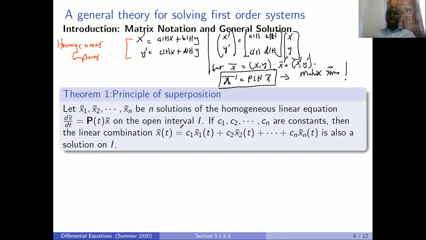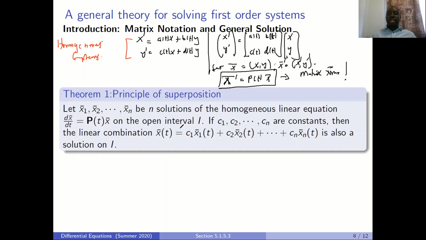We said that the general solution for a second order equation is a two-dimensional vector space, and so we needed two linearly independent vectors which were solutions to be able to write down the general solution. Well, we're trying to do the same thing here.